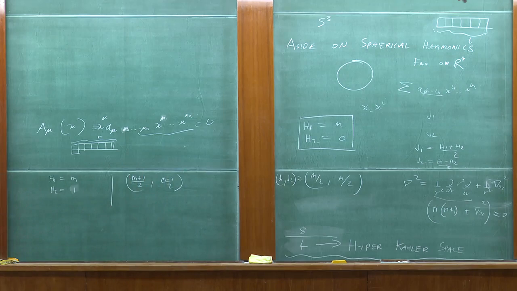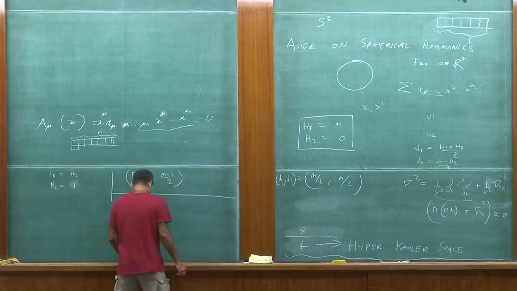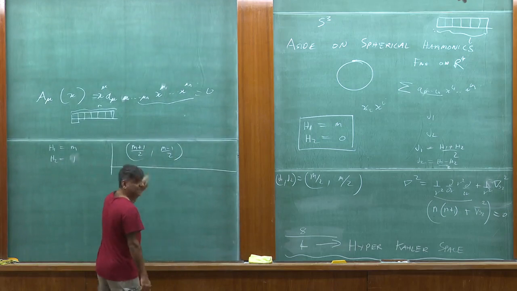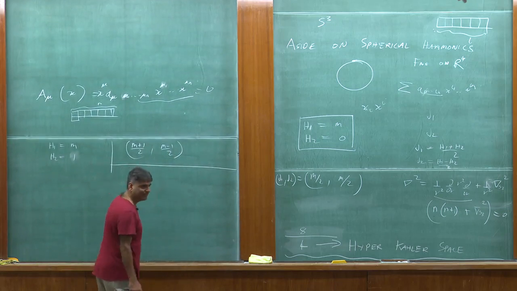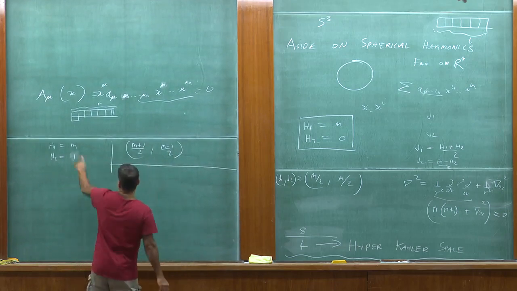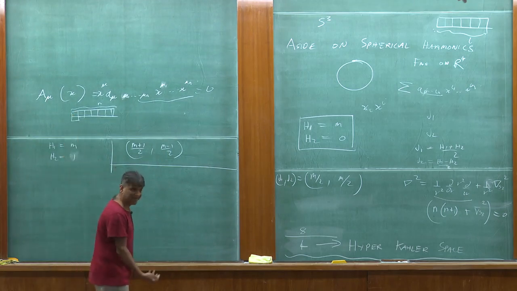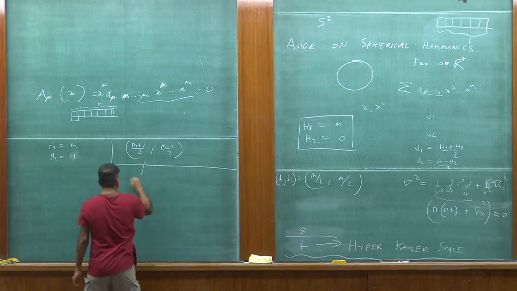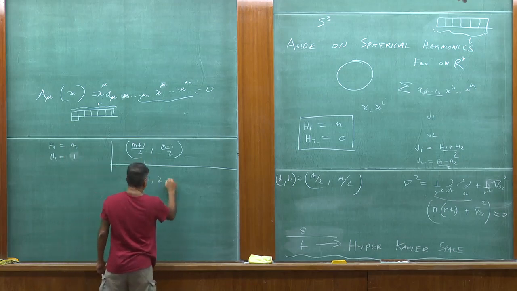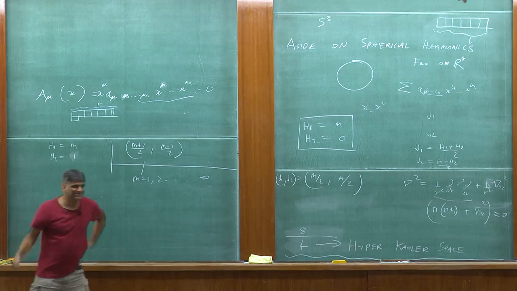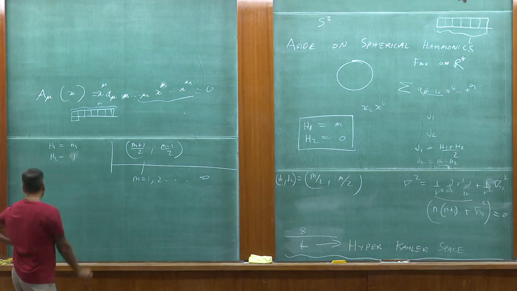Now, what values can we have for M? Well, clearly, because we've got this box here, we can't have M equals 0. This starts from M equals 1. So it's these representations where M is equal to 1, 2, up to infinity. Now let's look at M equals 1.